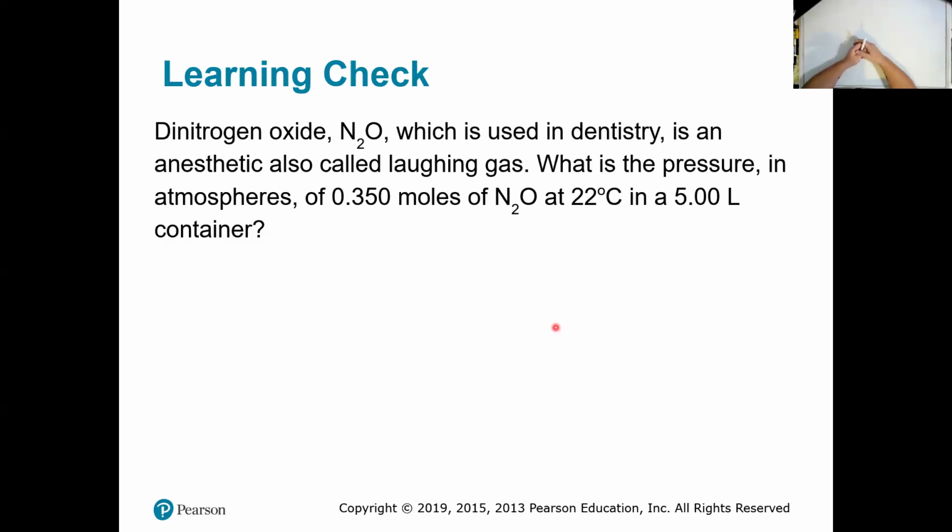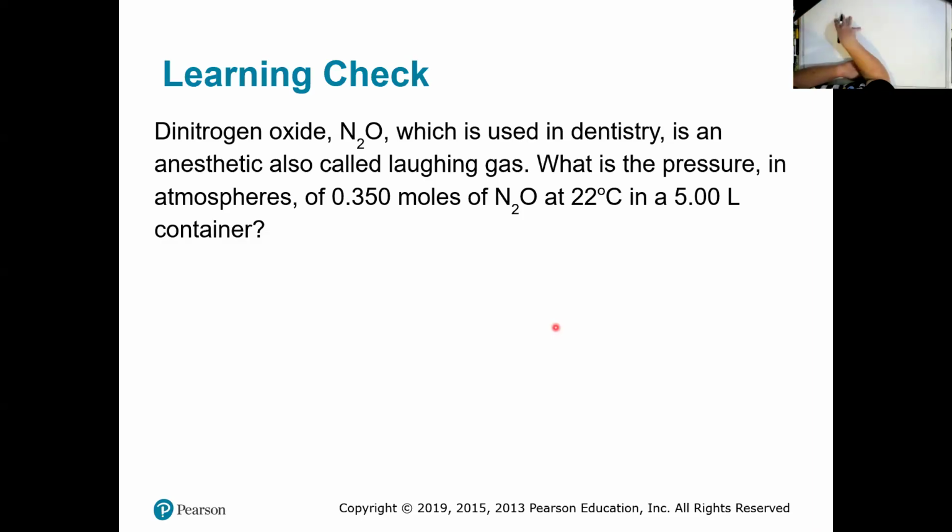With the ideal gas law, you're going to be given just one scenario, and you'll be told 3 out of the 4 properties of the gas that you're working with. And then your goal will be to find that 4th missing variable.